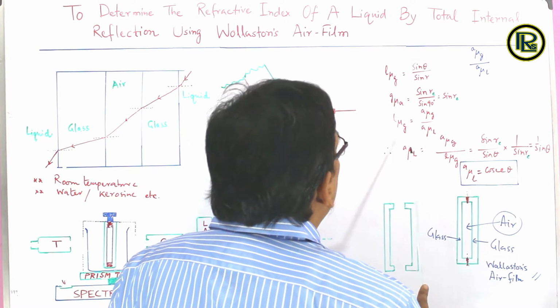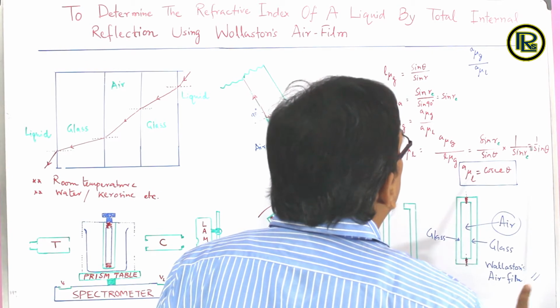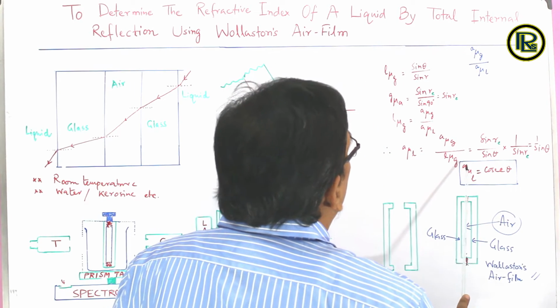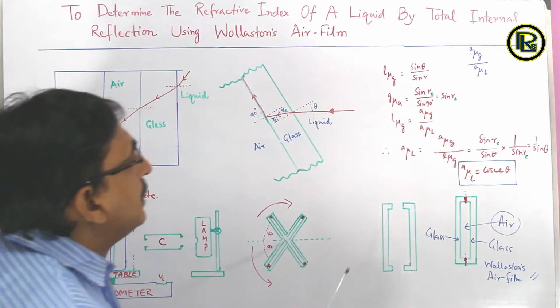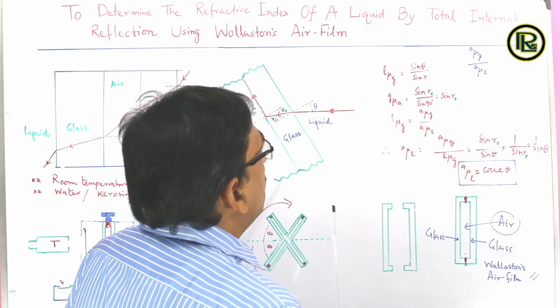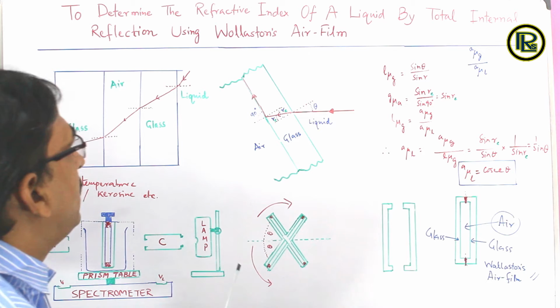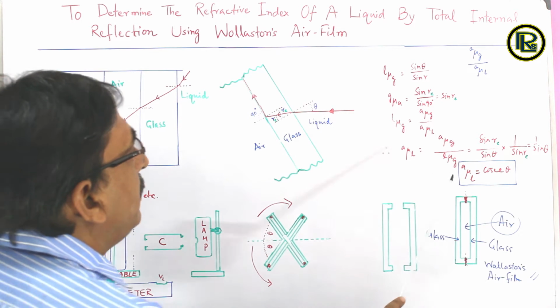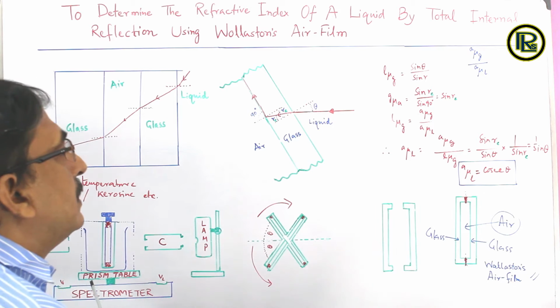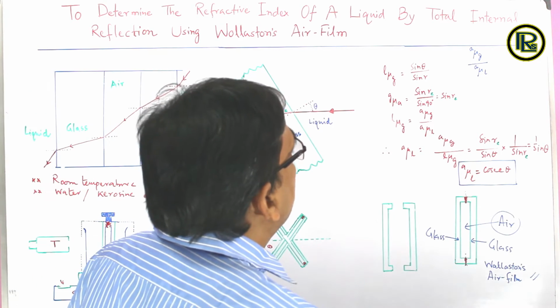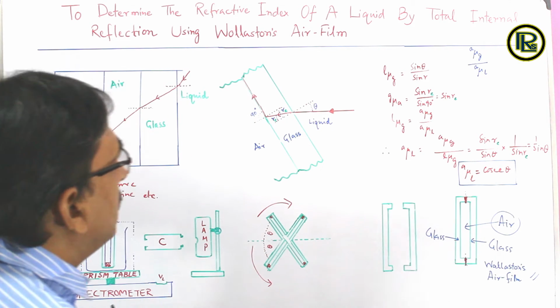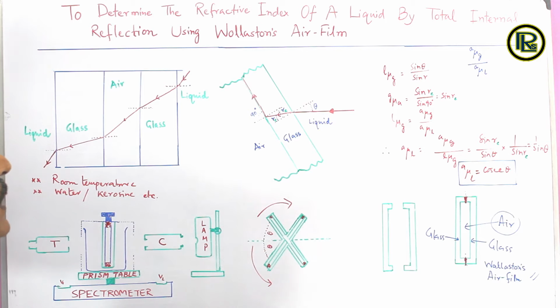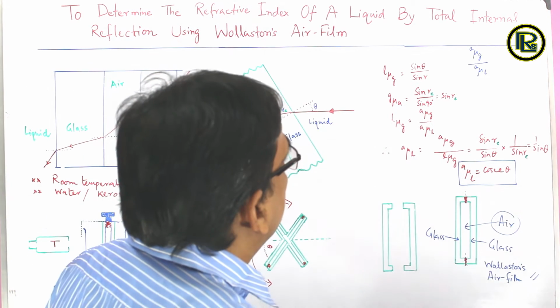Therefore, A mu L becomes equal to 1 by sin theta, or A mu L is equal to cosec theta. So this is our working formula for the measurement of the refractive index of a liquid L with respect to air, or the absolute refractive index of the liquid, when we measure the refractive index by total internal reflection using Wollaston's air film method.